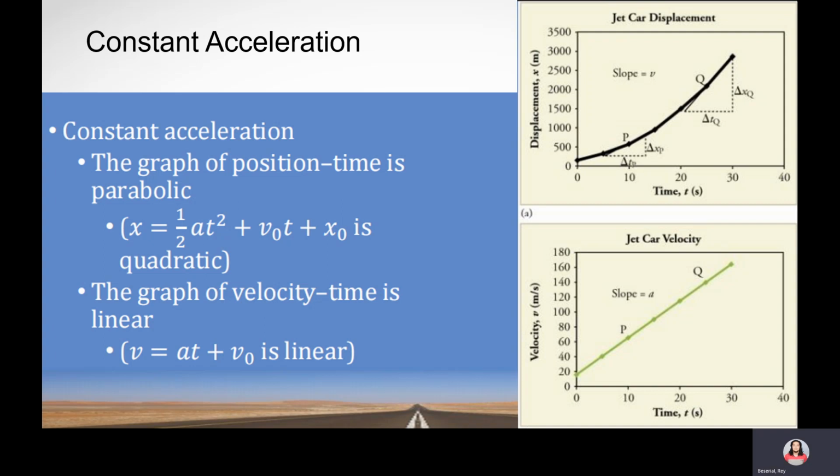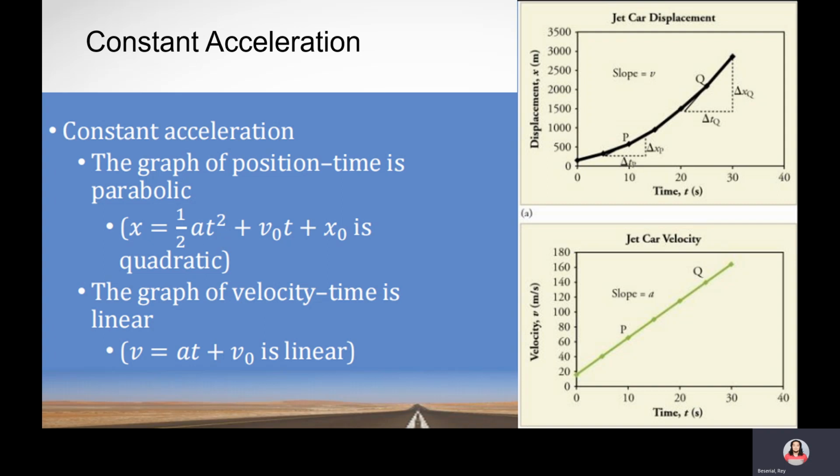So kung ating position time is parabolic, ang ating formula para sa displacement or ang ating x is 1/2 AT squared plus v sub o or yung initial velocity times time plus initial position, which is quadratic.